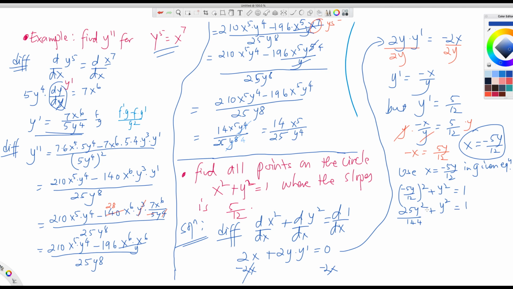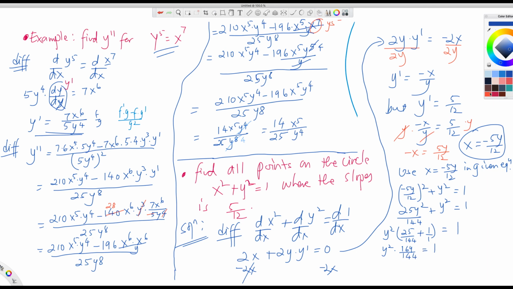So you need to factor y squared out. If you take y squared out, you get 25 over 144 plus 1, equals 1. If you use a calculator or just simplify this with the same denominator, you get y squared times 169 over 144 equals 1.